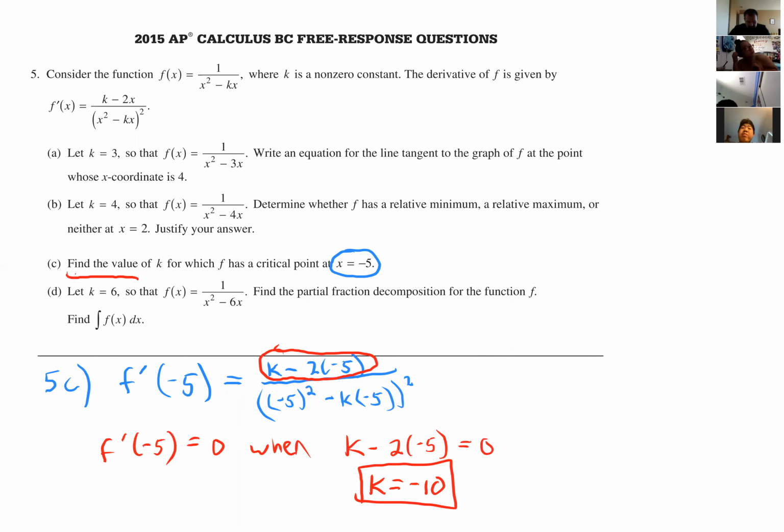Don't write this down. So if this equals 0, that would be 25 plus 5k equals 0. So yeah, it would be -5.